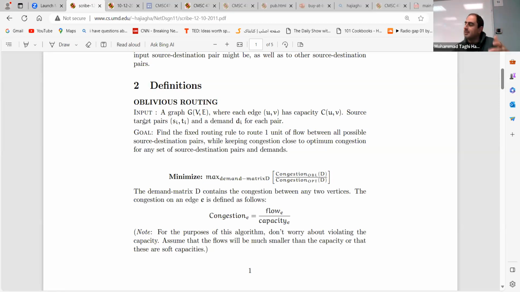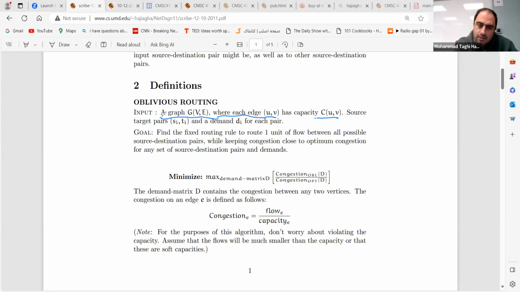This oblivious routing is in some sense similar to oblivious network design. There are some slight definition changes that I will mention. You are given a graph G, and each edge UV has some capacity CUV. This is a typical network flow problem.